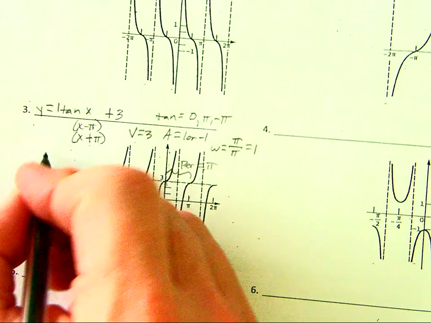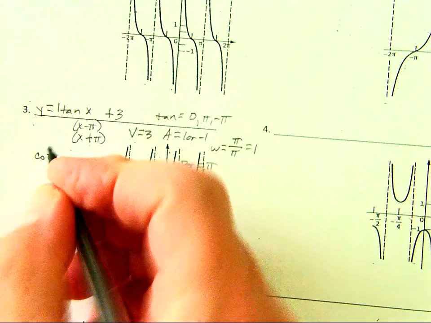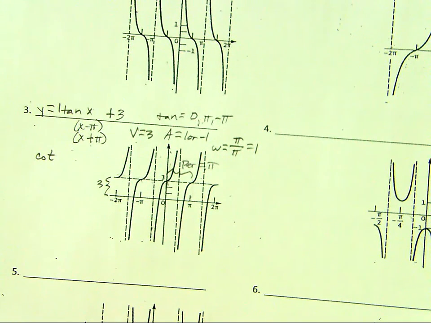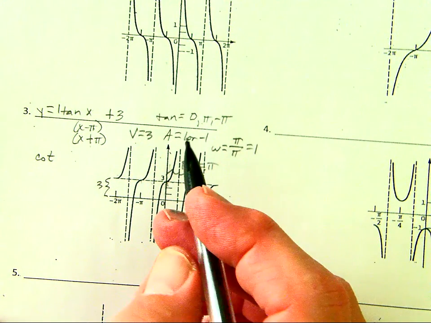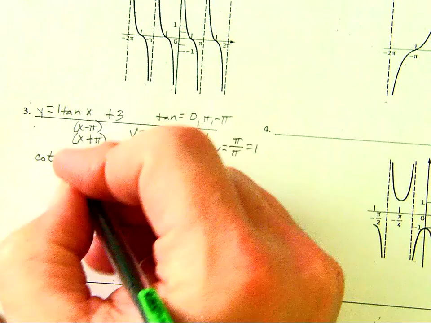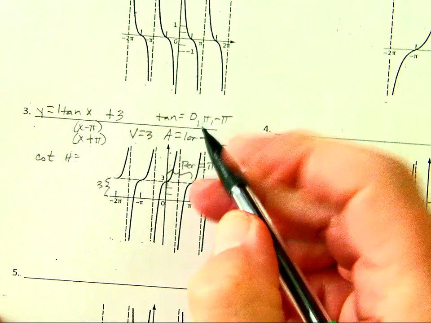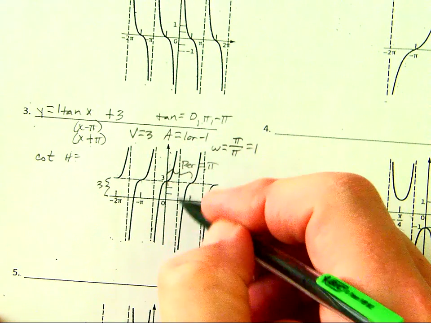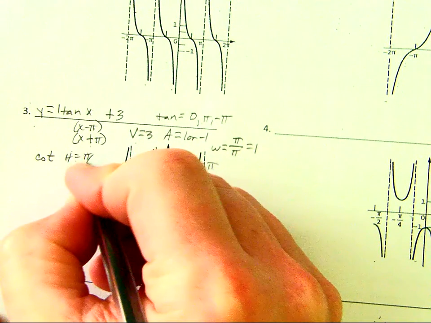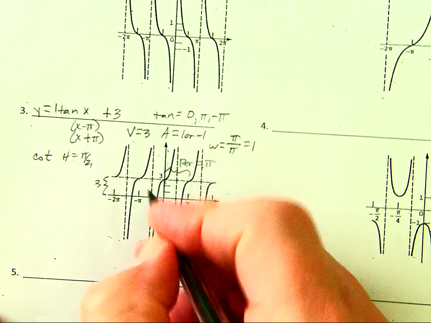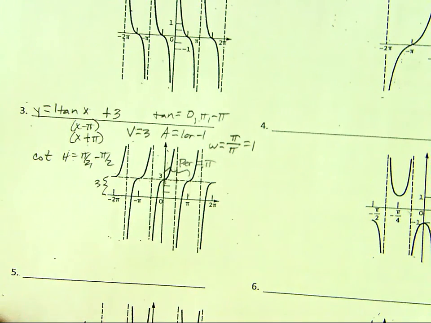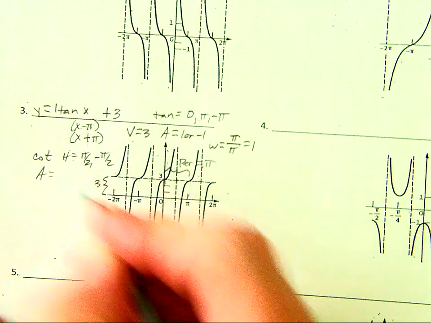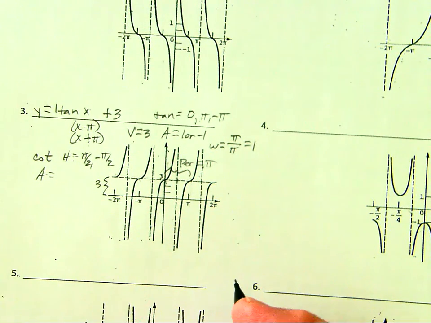Now you could have also done this with cotangent. There's 2 things different. First, for cotangent, it starts with an asymptote. So we look at where there's an asymptote. Our horizontal shift looks like there's an asymptote here, right in the middle, that's at pi over 2. Looks like there's another one over here at -pi over 2. So we could use either one of those. For our amplitude, since cotangent normally goes downhill and these go uphill, I would use a -1.